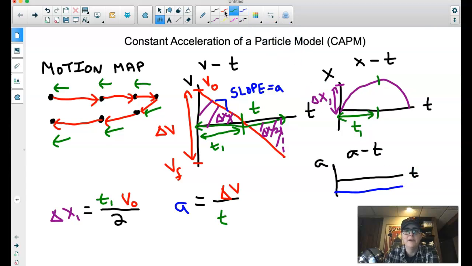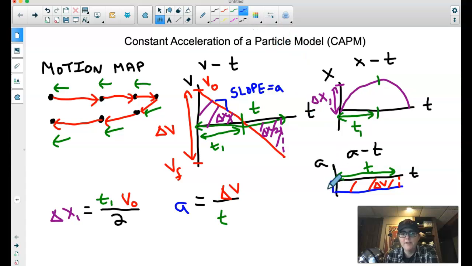And it's going to be very unlikely that you will, for this course, have to deal with changing accelerations. And then the area of this graph is the change in velocity. And again, how far across I go is the time.